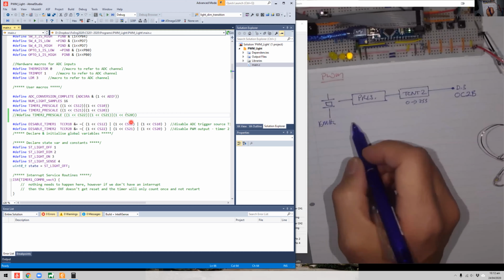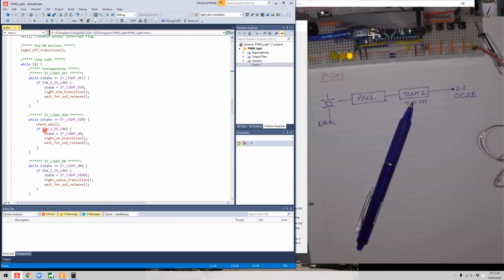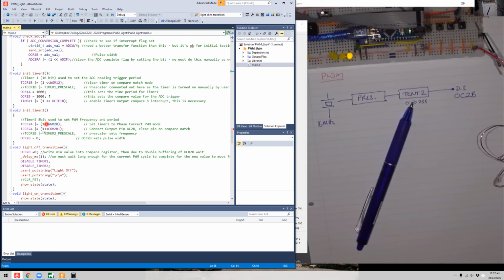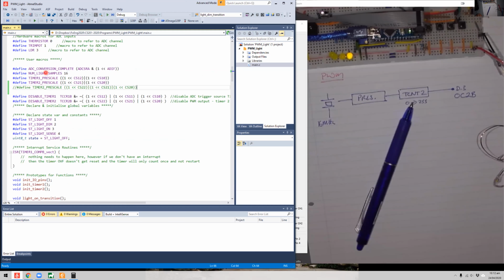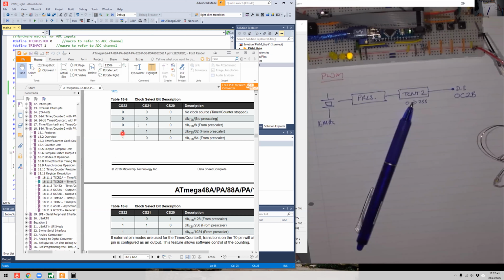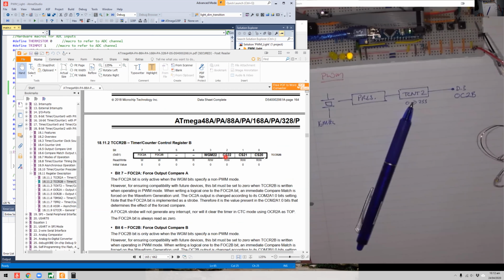I've got a 16 megahertz prescaler. At the moment, my prescaler is set up here in my code, timer 2 prescaler. I've got these 2 bits set here, and if I look at the data sheet, these are the 3 bits which set the prescaler for timer counter 2.